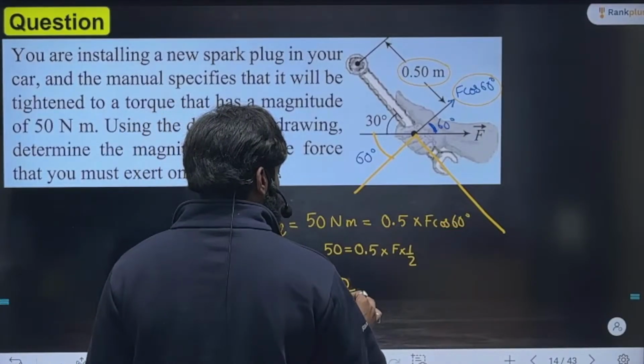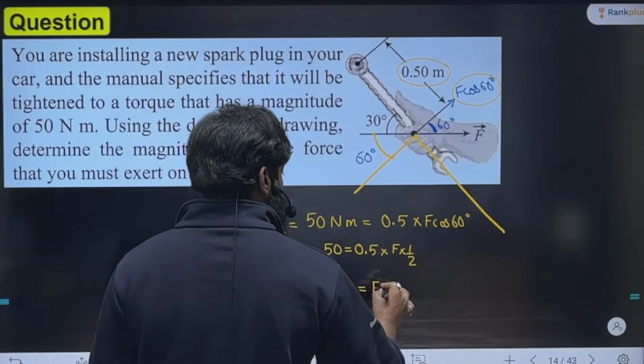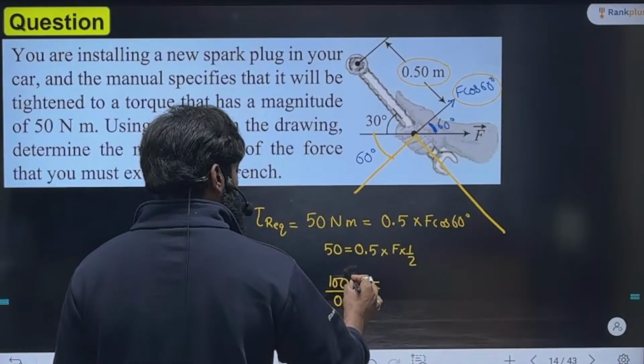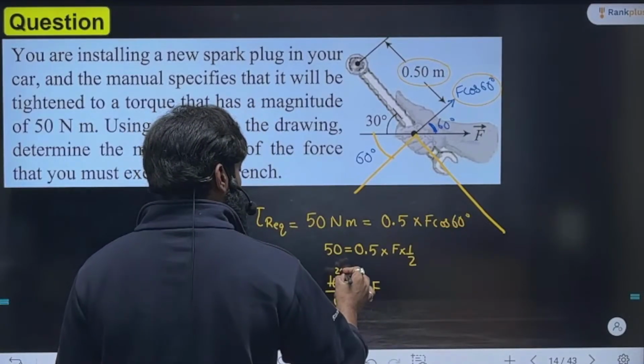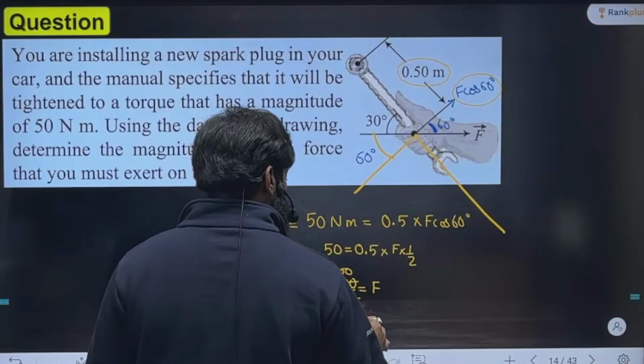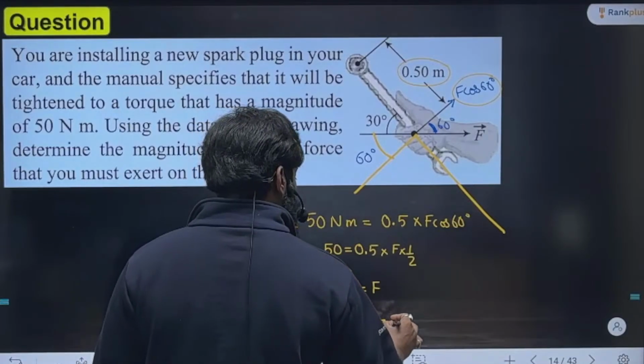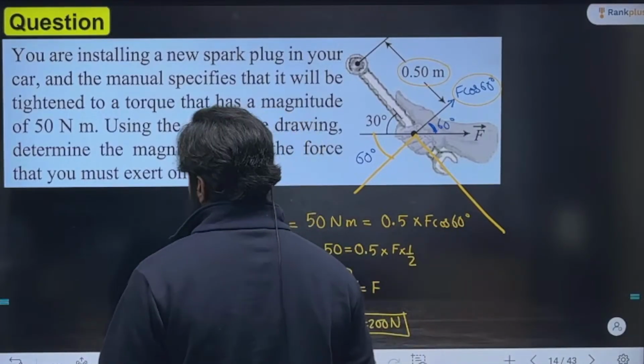Hundred divided by 0.5. Force is equal to 200 Newton.